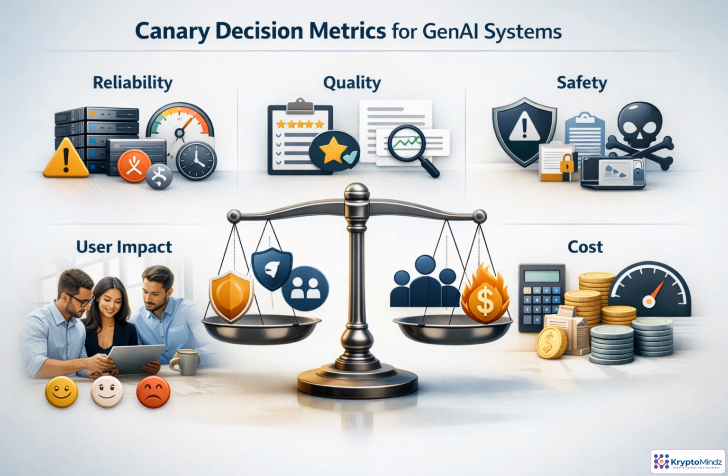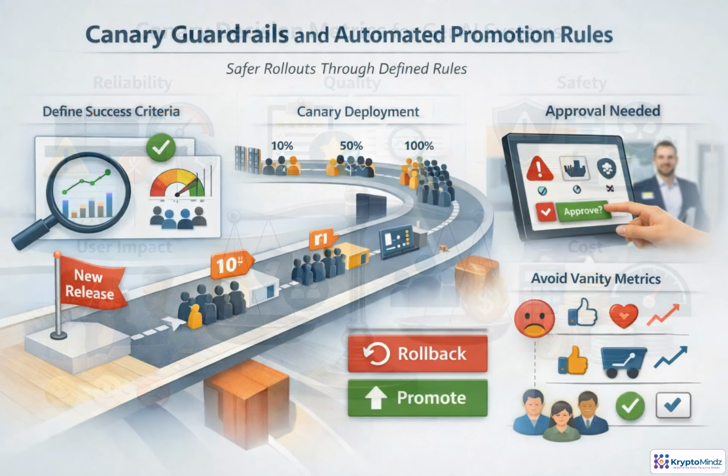User impact captures friction, complaints, and sentiment. Cost keeps token usage and provider spend from silently growing. The key is to define thresholds in advance. Green continues, yellow watches, and red stops or rolls back. Canary safety comes from setting the rules before anyone is under pressure.